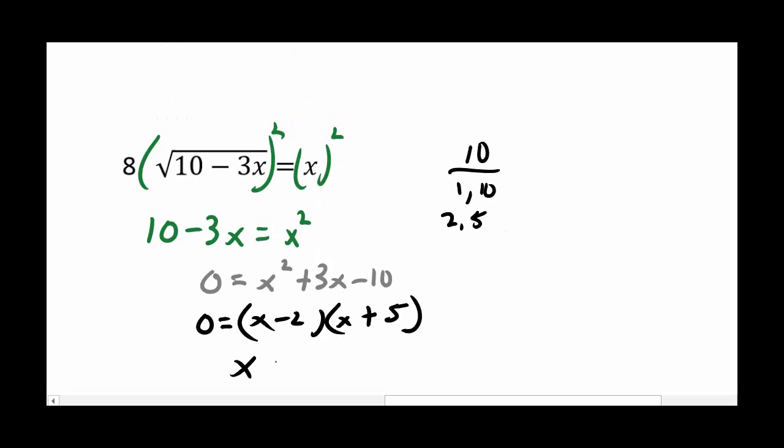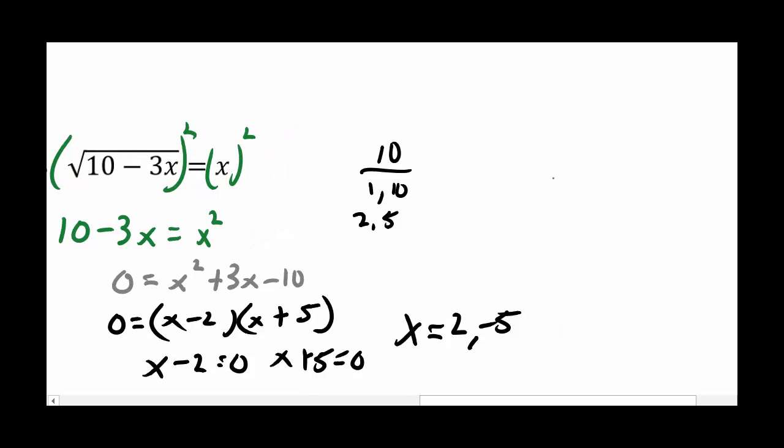All right, so then I'm going to solve for each binomial, and I end up initially getting 2 and negative 5. So then I want to come back in and double check that this actually does work.